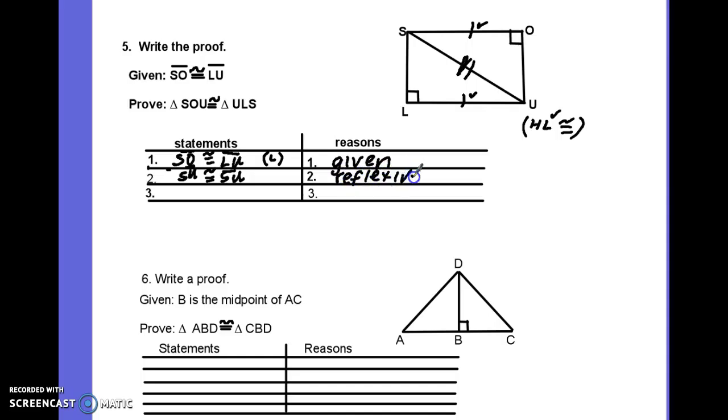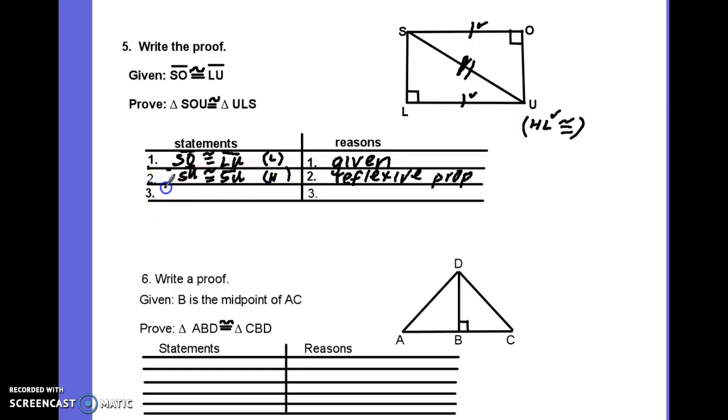We've done that again and again. That takes care of the hypotenuse matchup. You say, what do you mean? This is the hypotenuse from the lower triangle. SU is also the hypotenuse from the upper triangle. So that's why it takes care of the hypotenuse. So we do have hypotenuse leg accounted for.